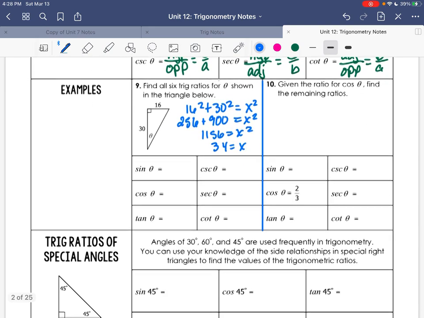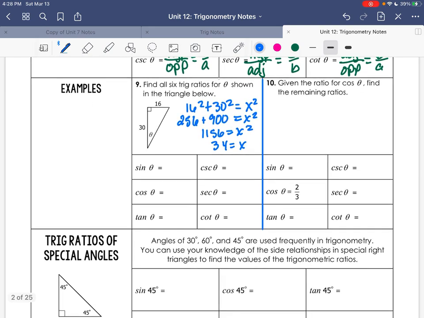So sine is opposite over hypotenuse. So theta being down here in the bottom, the opposite is 16. So we're going to have 16 over that 34 that we just found. Now, that can be simplified, so make sure you are simplifying your fractions.